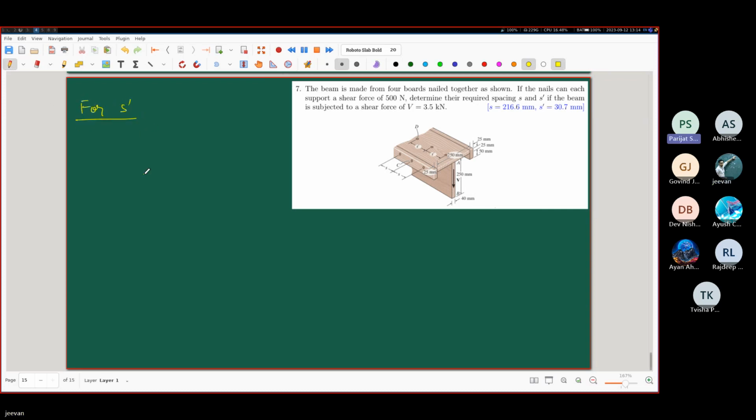Excuse me, sir. Yes. Sir, can you explain once again if the Q of both the small slabs taken together will be equal to the rest of the part? What do you need me to explain? I did not hear what you said before that.